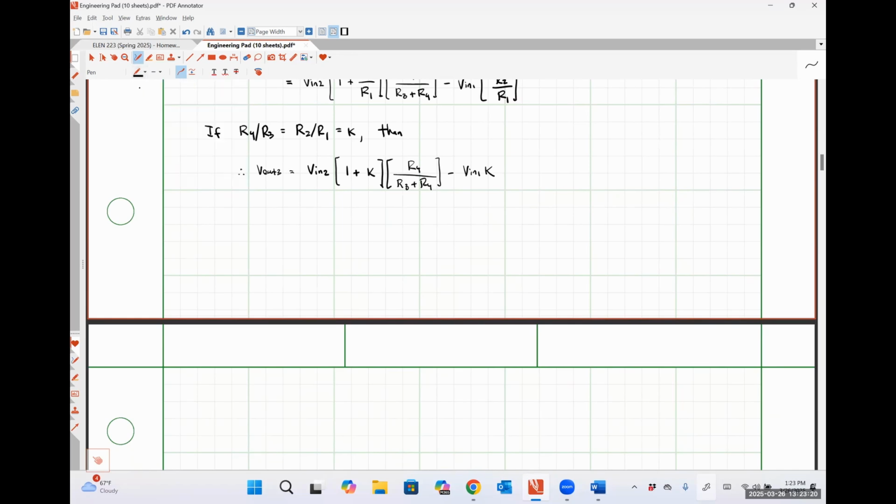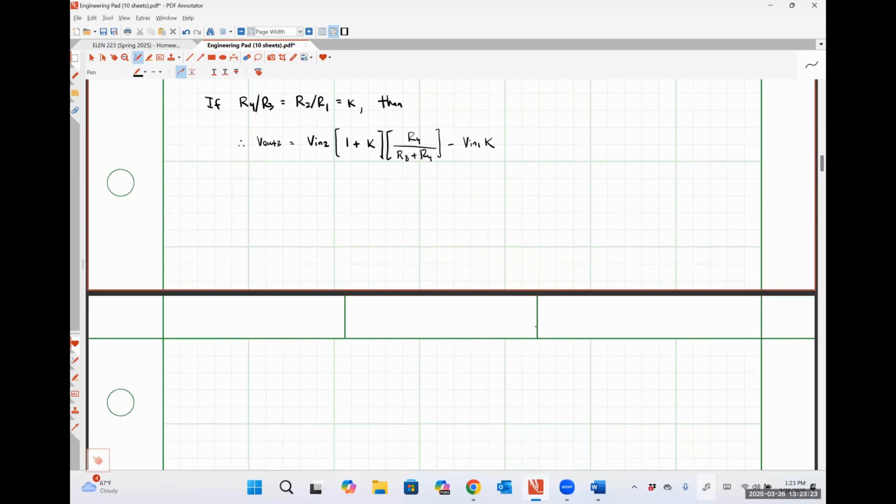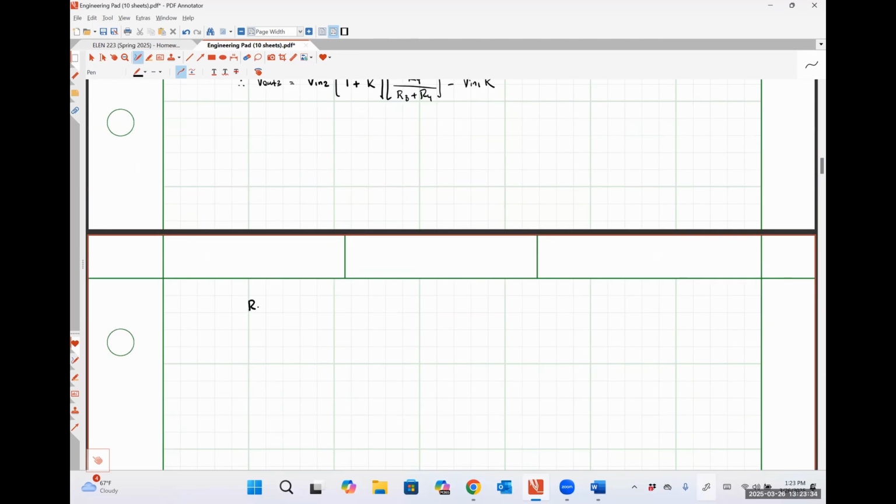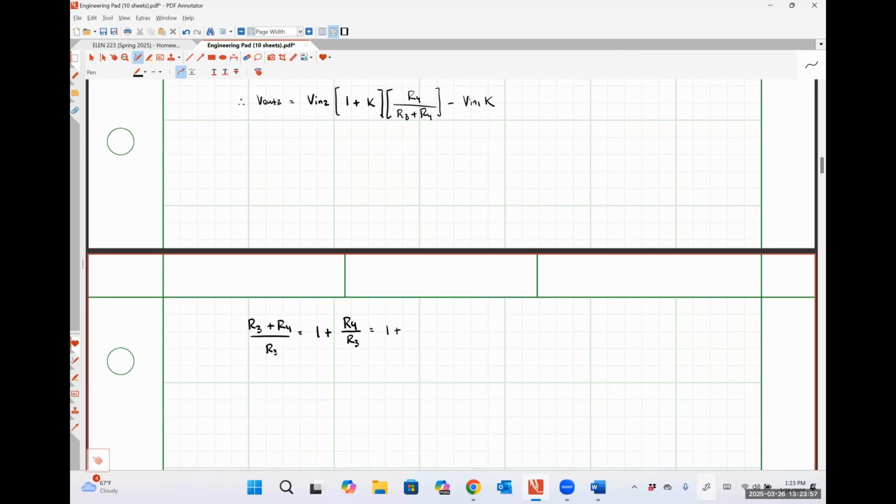Yeah. So I have R4 over R3 plus R4, right? I'm going to choose to flip that upside down real quick and play around with it algebraically, okay? So if I have R3 plus R4 over R4, that would be the same as R3 over R4 plus 1.